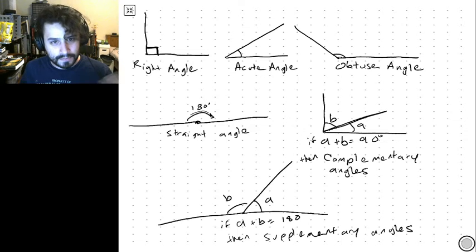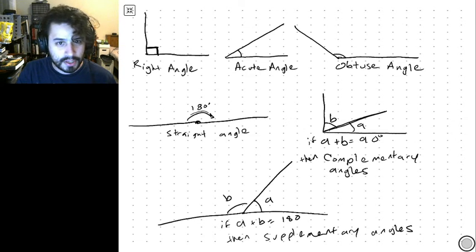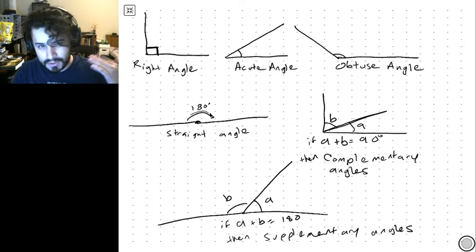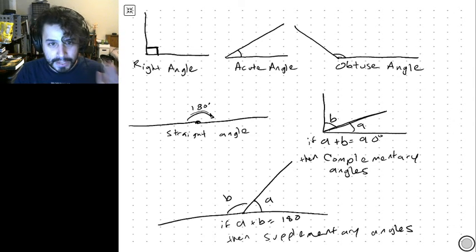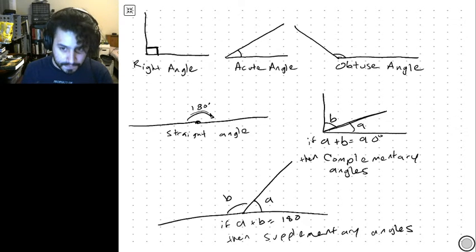So in the complementary, you have two small things, A and B, working together for a bigger thing, and for a supplementary, you have one big thing like B, and then one small thing like A. Not necessarily useful. You might find a better way to memorize these yourselves. Just a little bit of memorization, not too bad. There's nothing mathematically crazy going on yet. But these are the angles that we have to remember.